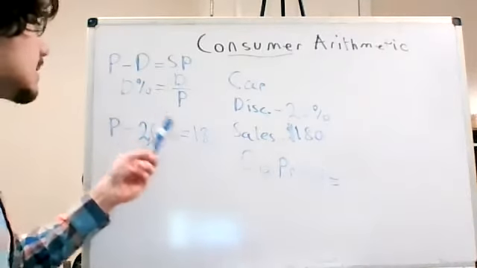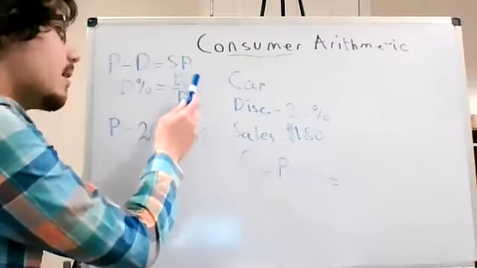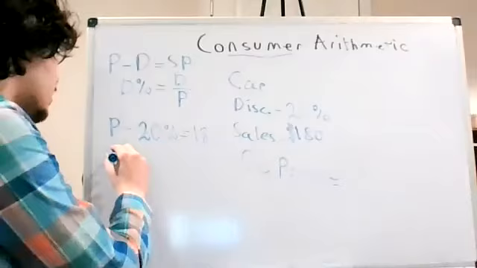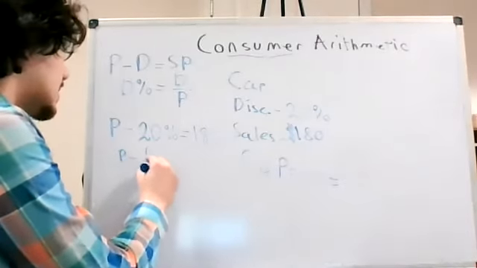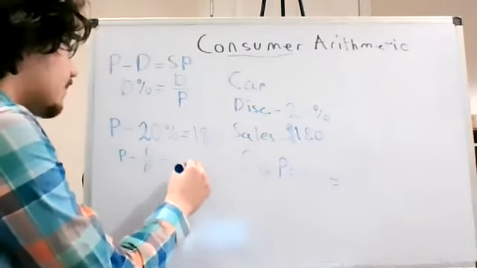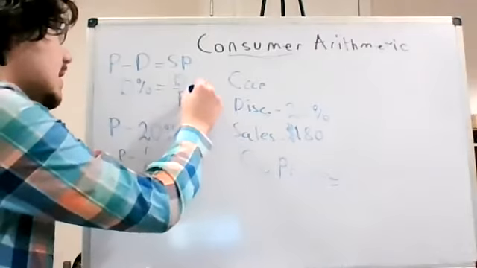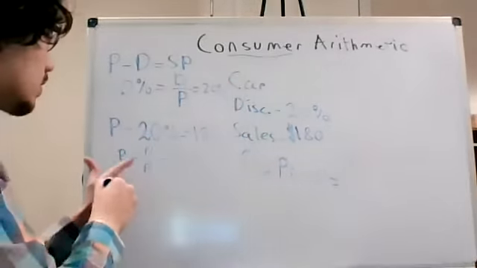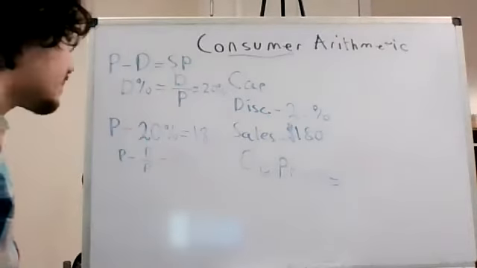So the discount percent, as we know it, requires the discount amount and the original price. So our equation would end up looking like price minus discount over price equals 180. All we know about this is that the discount percent equals 20%. We don't know either the discount or the price, so we're stuck here based on what we already know.